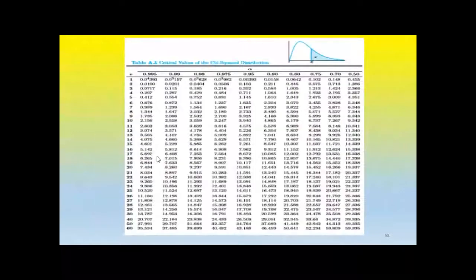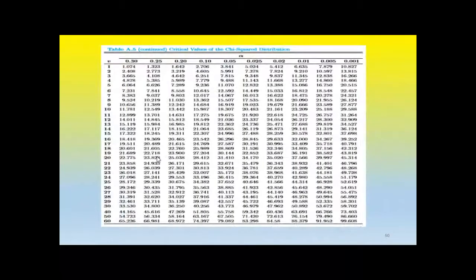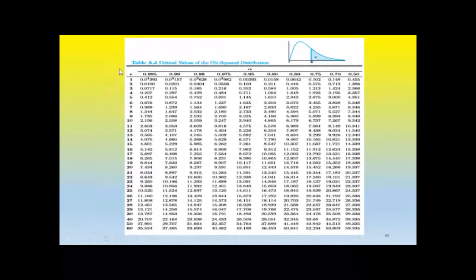This is a chi-square table. See, degrees of freedom are given in the first column, and the titles are the alpha values. So what you find inside the table is the chi-square value, the critical values of the chi-square distribution. There are two values: one is the calculated value, another one is the critical value.